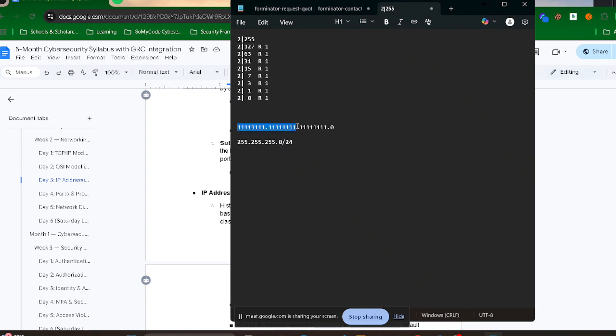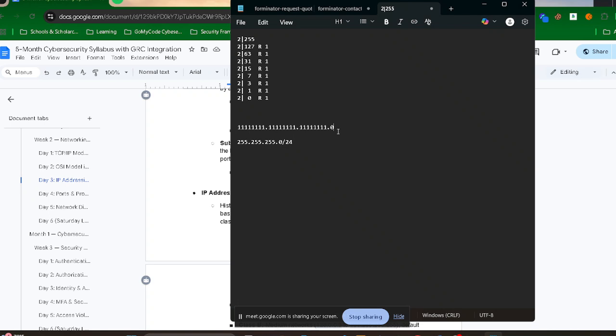So for example, the number of ones you have here is 24. This is 8 in three places, so 24, and you have 0 at the end.